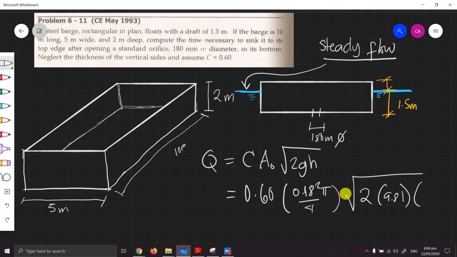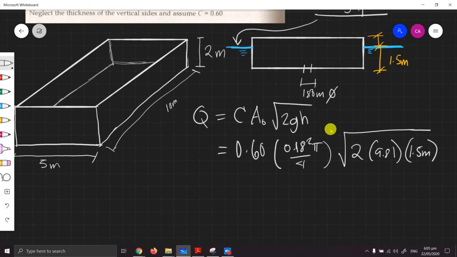The question is, ano yung H? Okay? The H is yun yung height ng water na madadagdag or yung head, okay? So yung constant head niya is 1.5. Constant head siya ng 1.5. Okay?